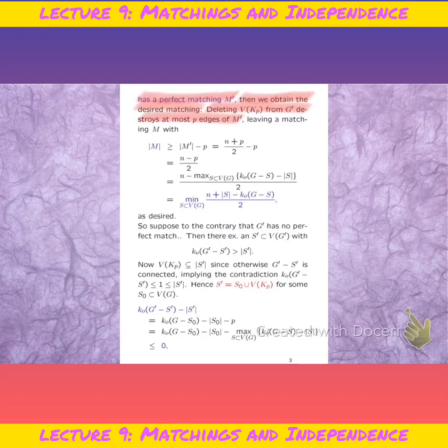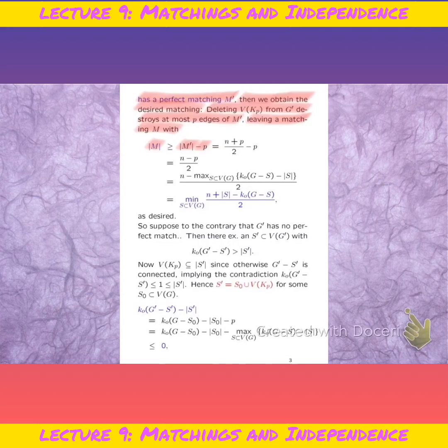So in that case, at the very worst, you're destroying P edges from M prime, and that is going to leave a matching M of G, which is going to have cardinality at least the cardinality of M prime minus P.